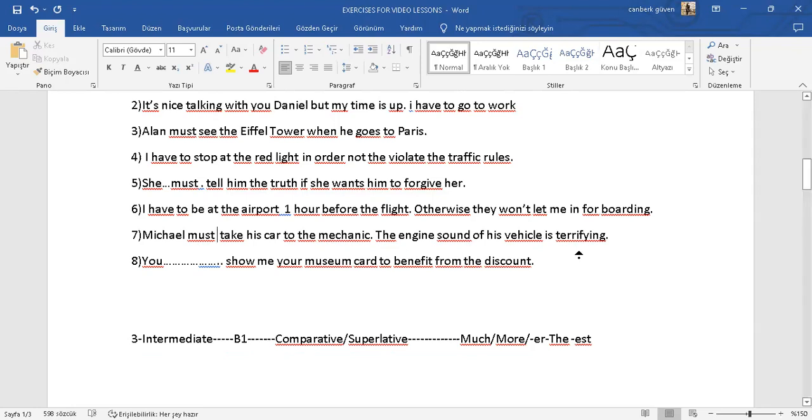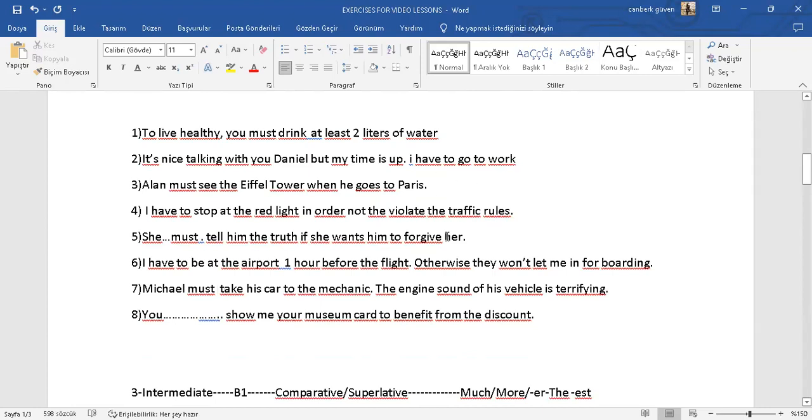Okay, eight, our last example. You blah blah show me your museum card to benefit from the discount. It's quite a common situation too. When you go to a museum, you have to show your museum card in order to benefit from the discount.